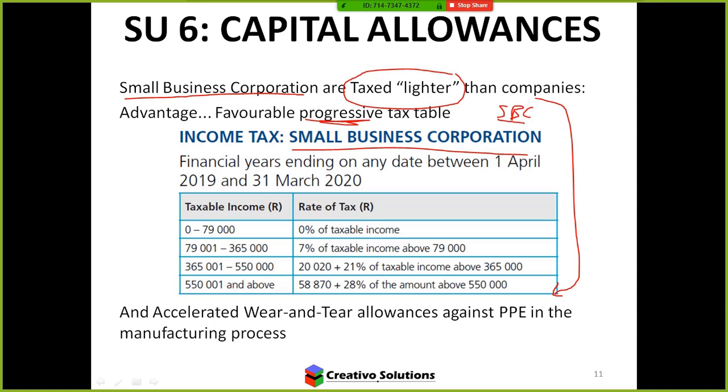Small business corporations not only benefit from paying less tax, they also get accelerated wear and tear allowances, and we just looked at it, section 12E allowances, deductions. The word accelerated means they can write it off quicker, and that's better. That benefits them because they don't have to pay more taxes in the early stages of their business.